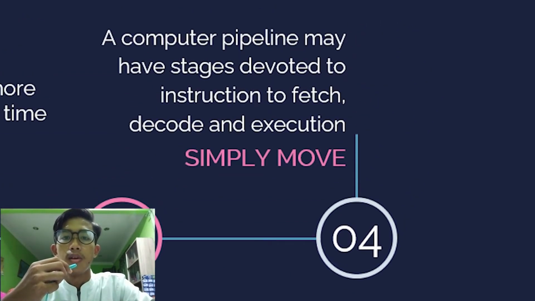A computer pipeline may do more, or simply move the contents unchanged from one location to another. A computer pipeline may have stages devoted to instruction fetch, decode, and execution.